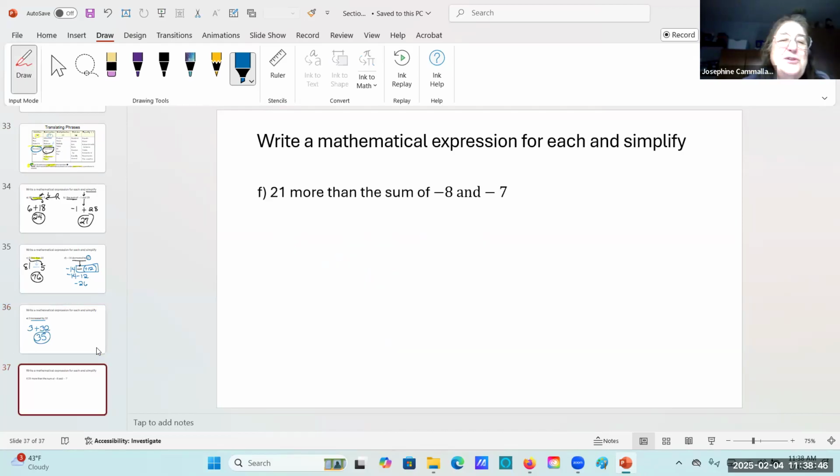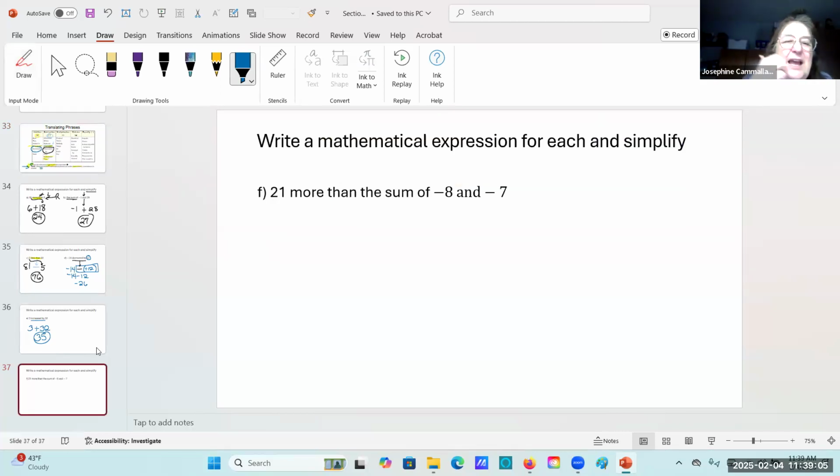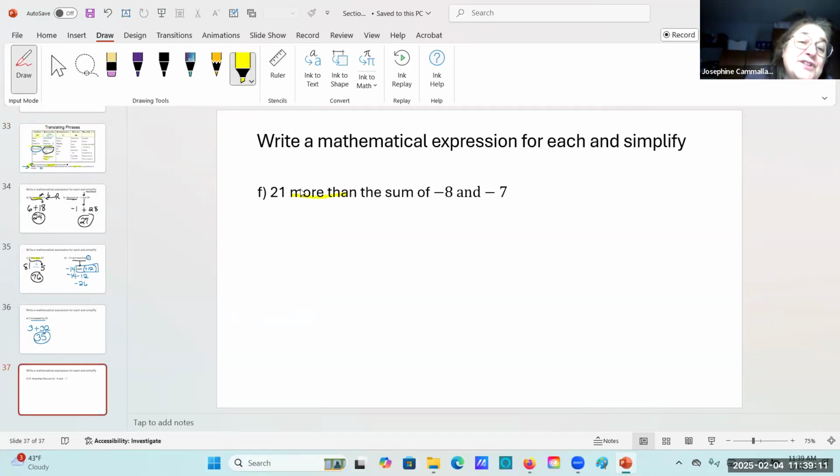Now, this one's going to be interesting because this one, I might have not told the truth, but this one has the second bullet. We have 2 mathematical phrases. And let me show you what I mean. Here's the more than.